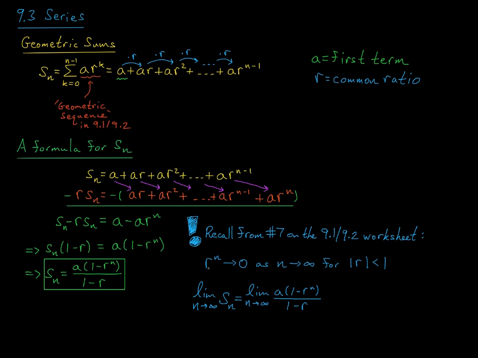Okay, so that then implies that if I take the limit as n approaches infinity of S sub n, well, this r to the n term will drop out, and this expression will simplify to just a over 1 minus r, or in other words, the first term of the sum, which is just a, divided by 1 minus the common ratio.